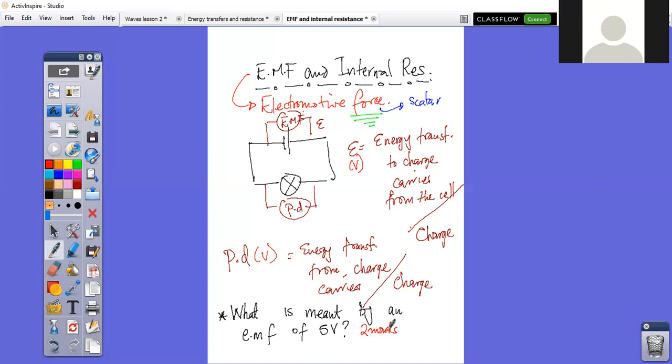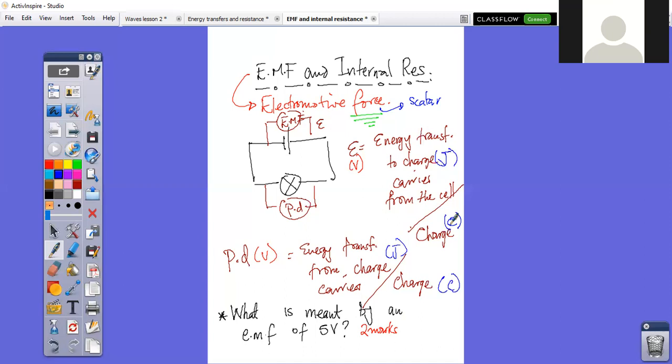It means 5 volts of... Is it the energy of the charge carried from the cell?